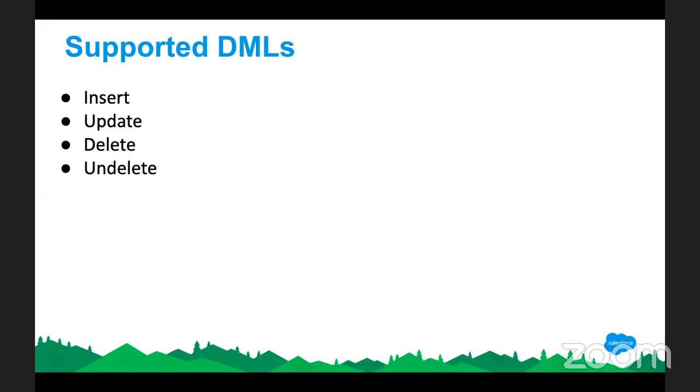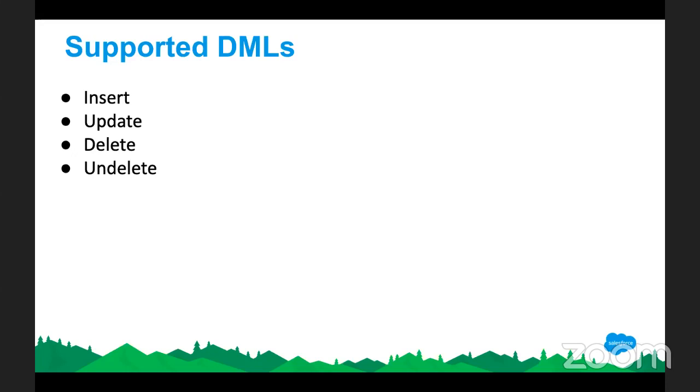Now, I said trigger mainly deals with the DMLs. Mani talked about lots of DML statements: insert, update, delete, undelete, upsert, merge. So what are the DMLs supported in trigger? The basic ones: insert, update, delete, undelete.